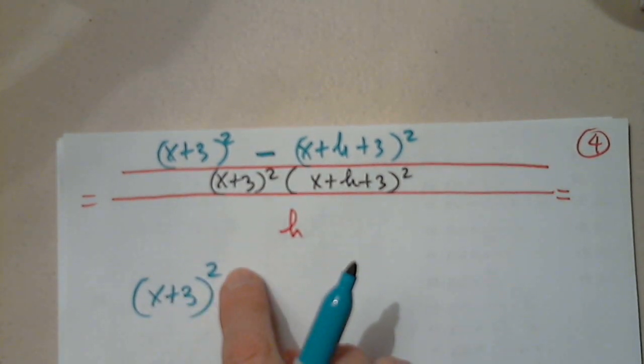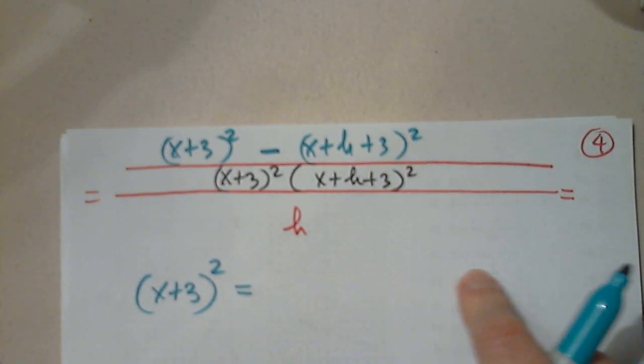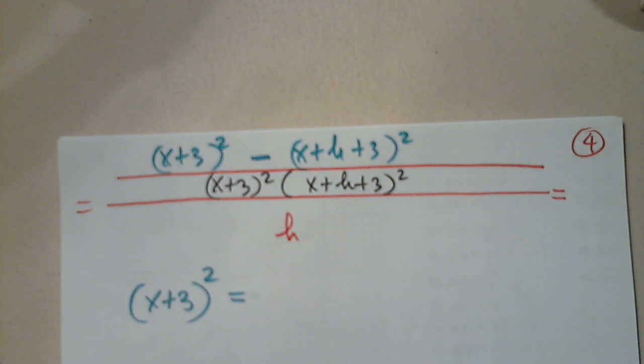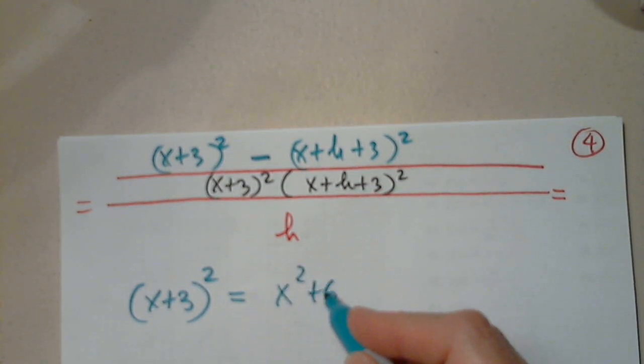A plus b everything squared. What do we get? Can anyone give us the final answer directly without foiling? Anyone remembers the formula, please? x squared plus 6x plus 9.